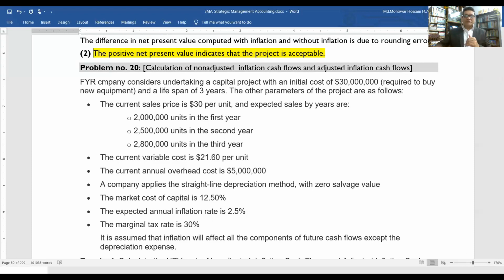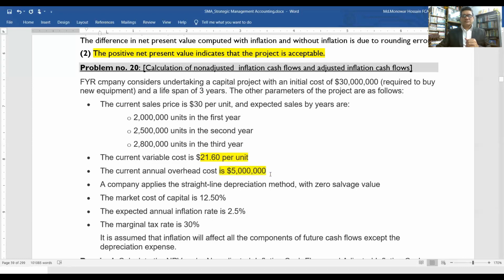The current variable cost is 21.60 per unit. So selling price is 30, but variable cost is 21.6. The current annual overhead cost is 5 million.